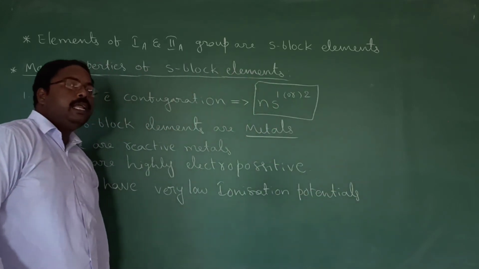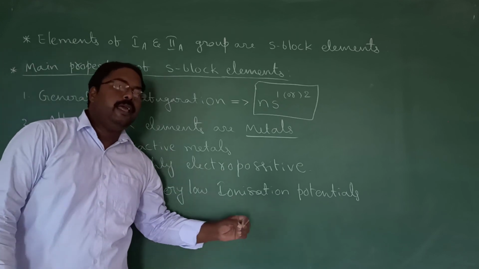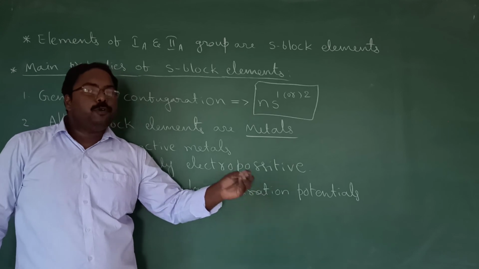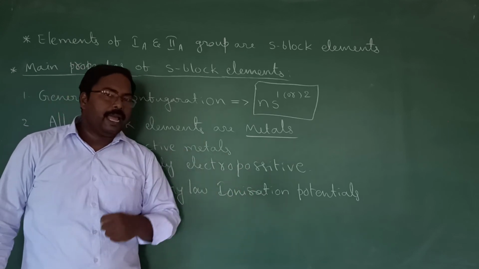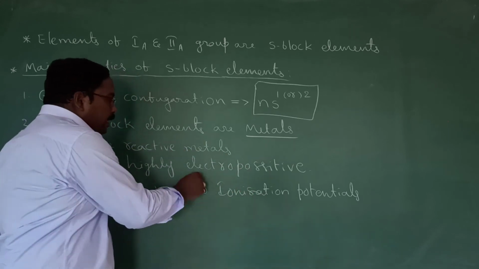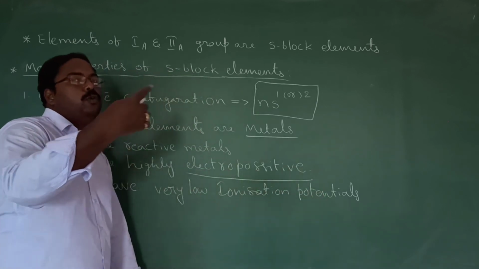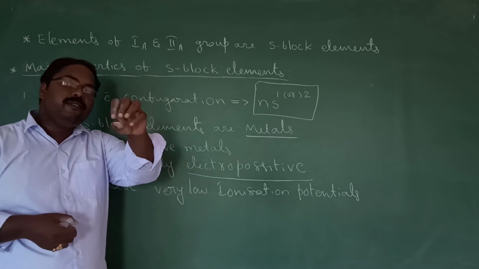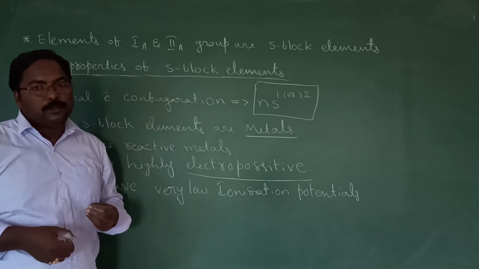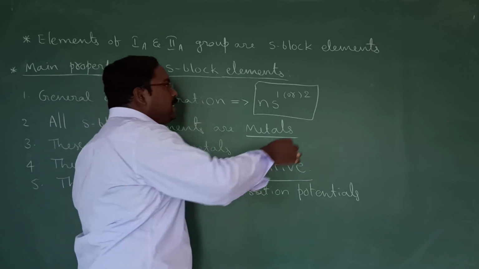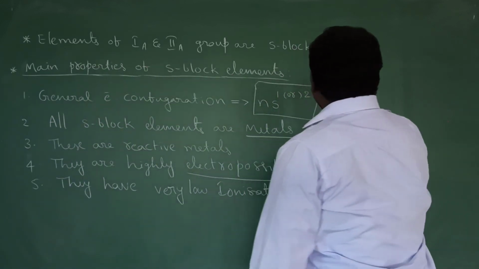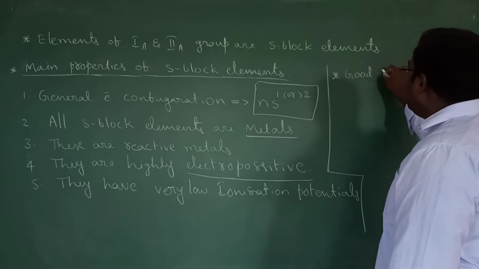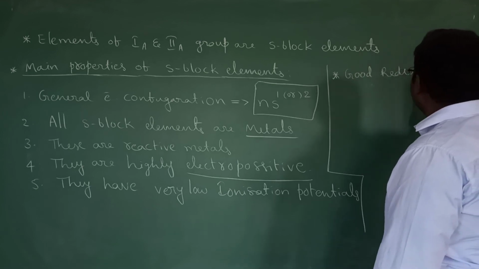They will have very low IP values, which means they require a very small amount of energy to remove electrons, because they have more tendency to lose them. They are ready to lose the electron themselves, so it requires only a very small amount of energy to remove it. Because of that nature, these S block elements act as good reducing agents.